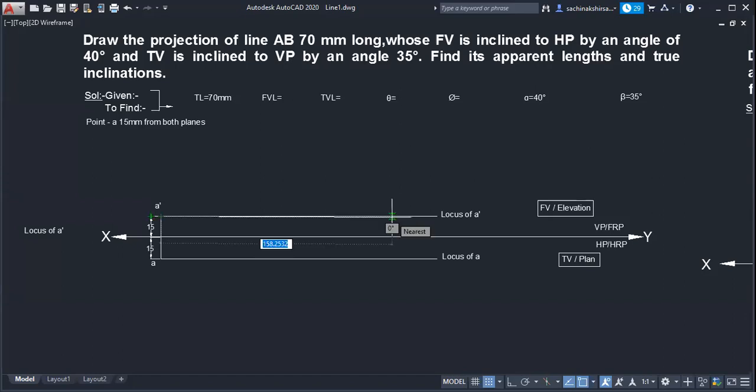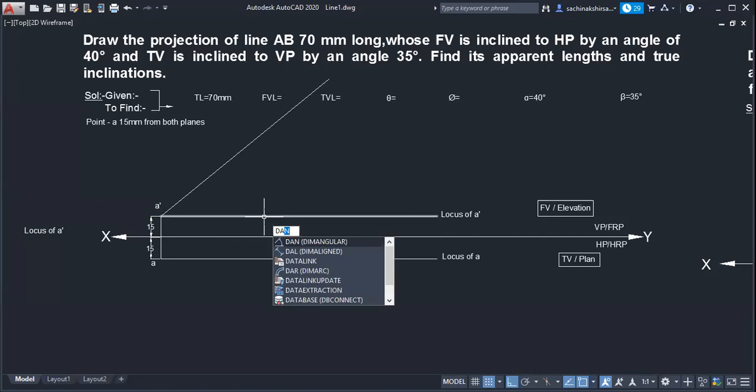So I will mark that angle here, 40. From point A dash, I have taken one length, and here I will mark that angle.